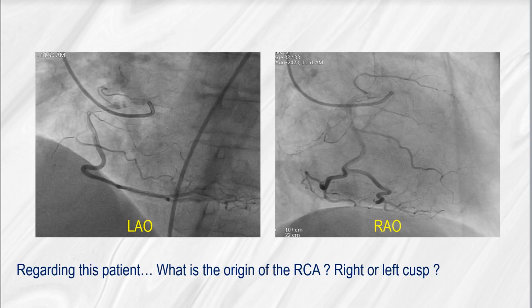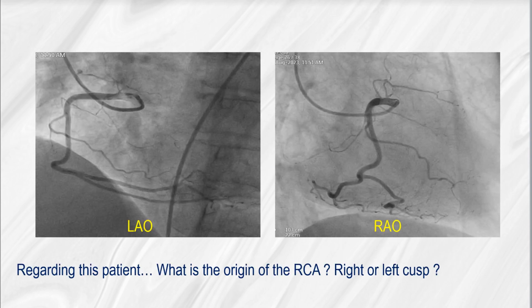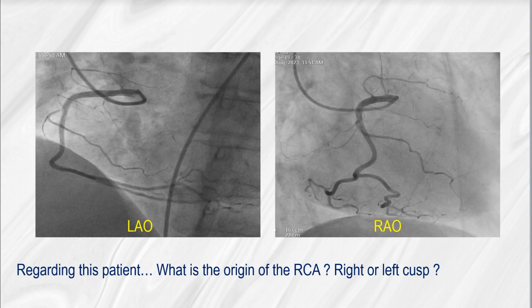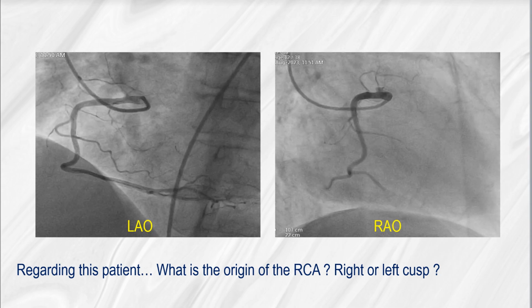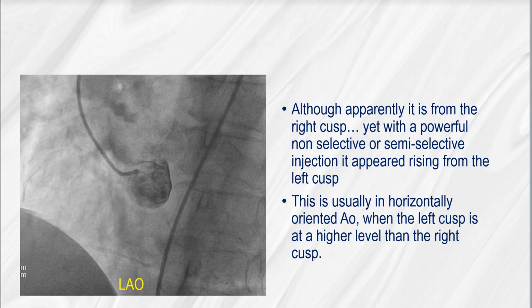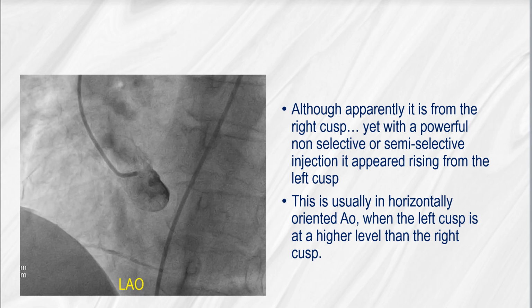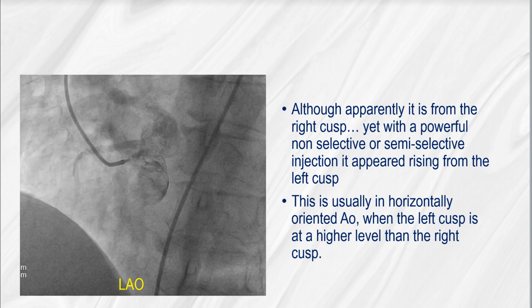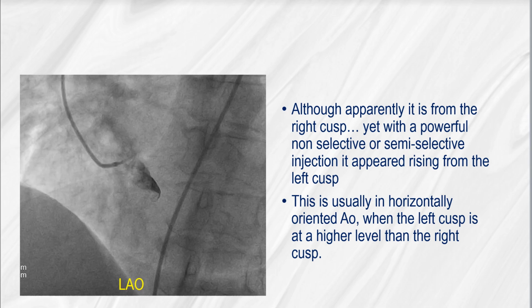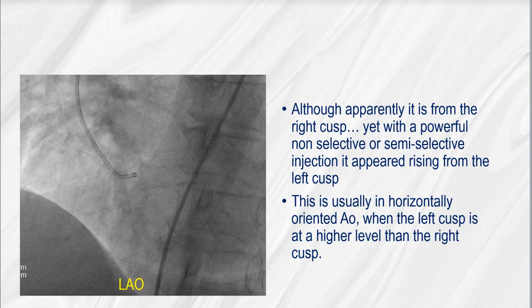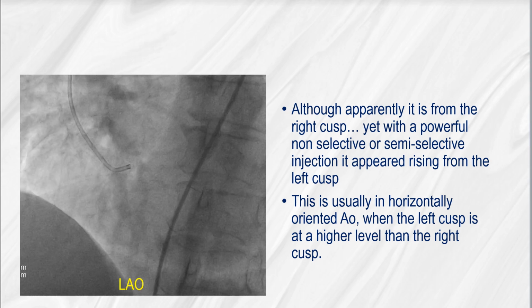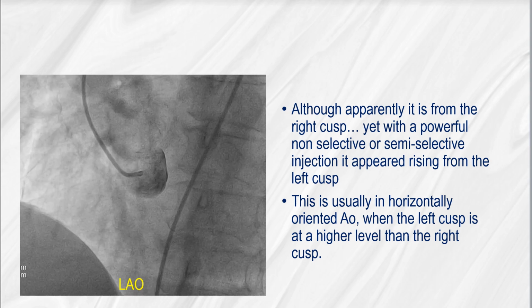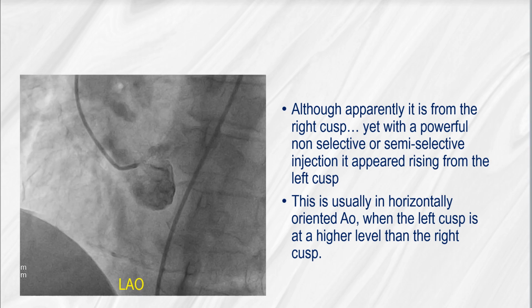Regarding case number 12, in this patient, what is the origin of the RCA, right or left cusp? Although apparently it is from the right cusp, with a powerful non-selective or semi-selective injection, it appeared arising from the left cusp. This is usually in a horizontally oriented aorta, when the left cusp is at a higher level than the right cusp.